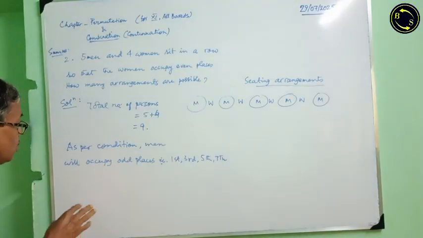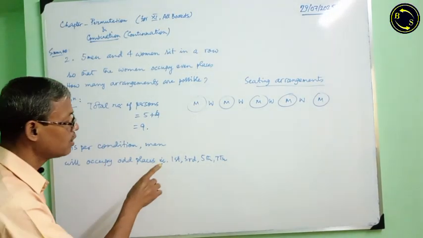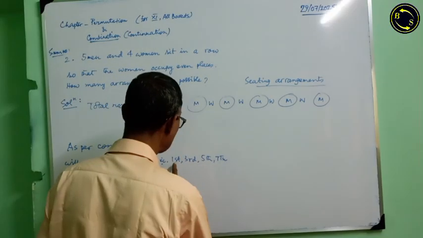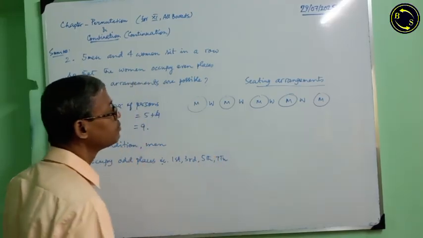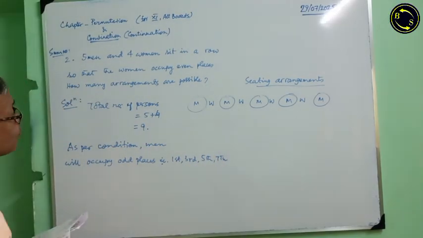As per condition, men will occupy odd places, that is first, third, fifth, seventh. Four women are there.